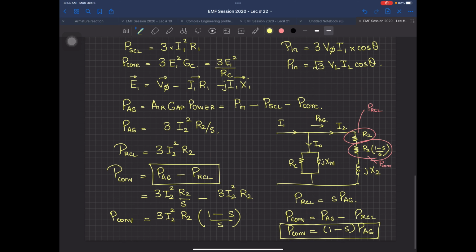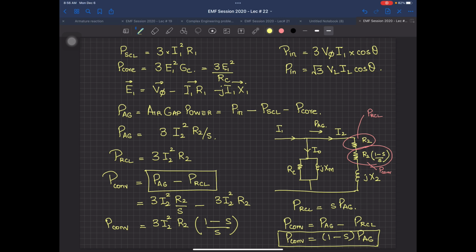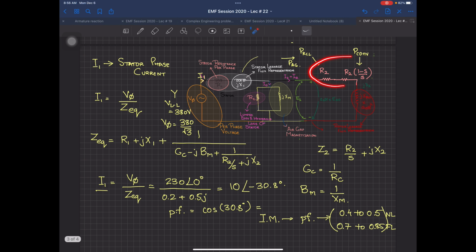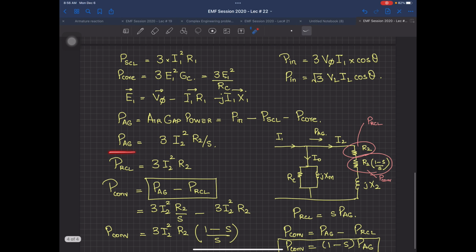So all of these formulas are here, and now what we have found out up till now, we started from the stator copper losses, we started with the core losses. I told you, you can find out E1 by using this equation. You had air gap power equal to input power minus stator copper losses minus P core, and then the power which was flowing towards the rotor, and it was being consumed inside the mixture of these two resistances, which was R2 by S, and this is P air gap power.